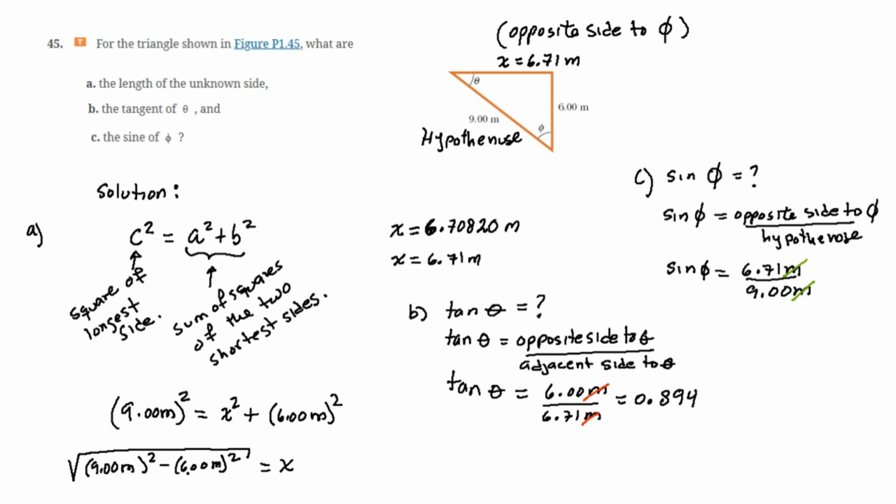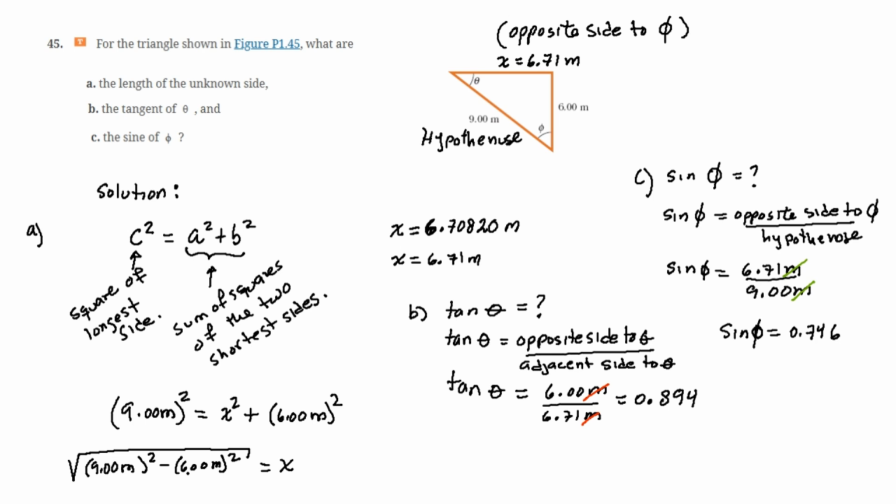So now when I divide to get the sine of phi, I get 0.746. And how many significant figures does 0.746 have? It has 3 significant figures, right? We got it?